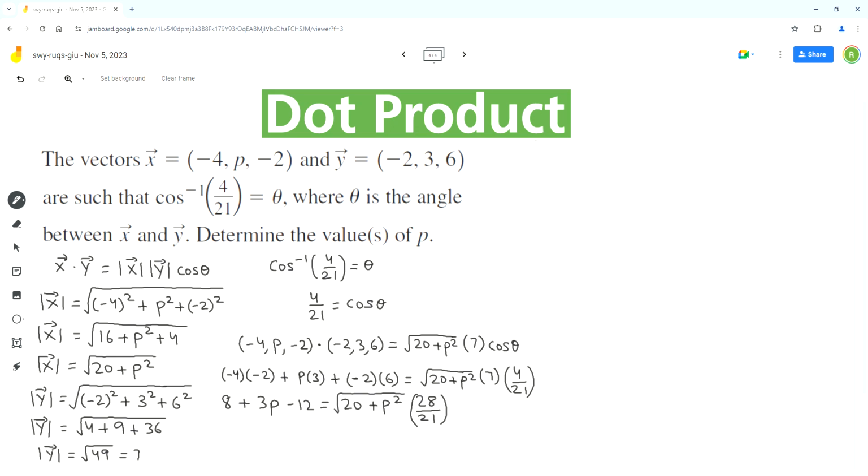On the left side, now we can combine the like terms 8 and negative 12. And 28 over 21 can be reduced to 4 over 3.